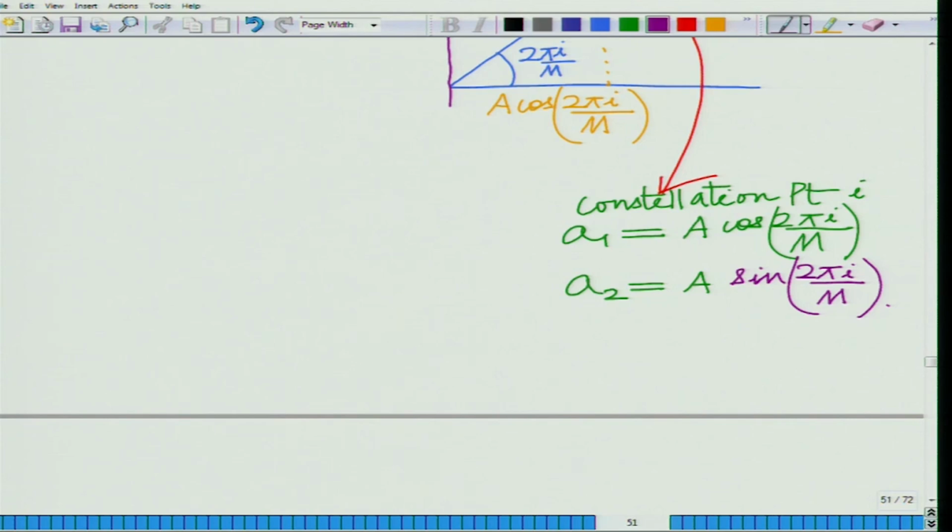So, it is a combination of two coordinates, A1 and A2. Similar to QAM, it is a combination of two symbols, each transmitted along an orthonormal basis function of the signal space.